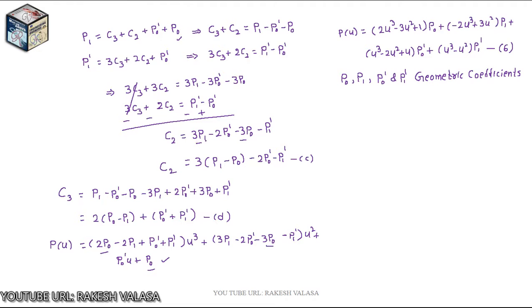Now you can write this similarly for tangent vectors, that is P dash of U. Similarly, you can substitute C naught, C1, C2, C3 in the equation 5.